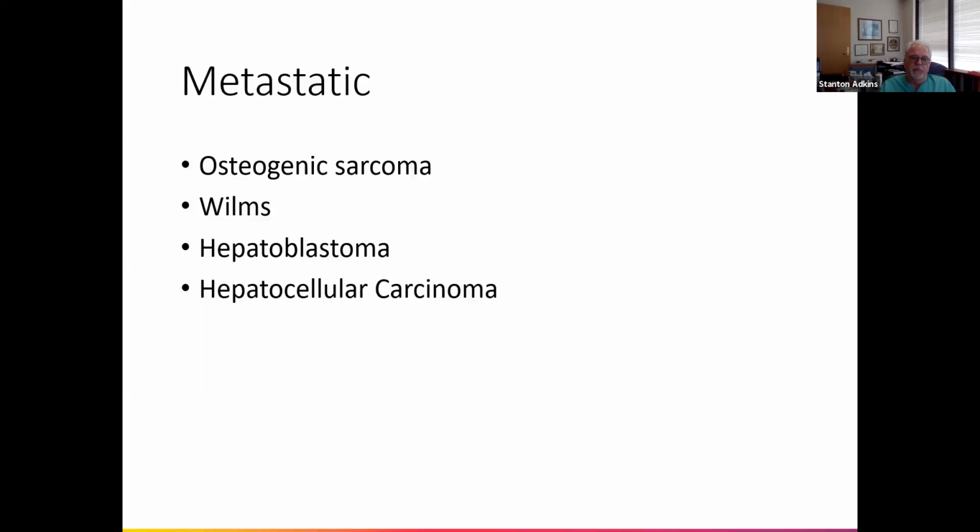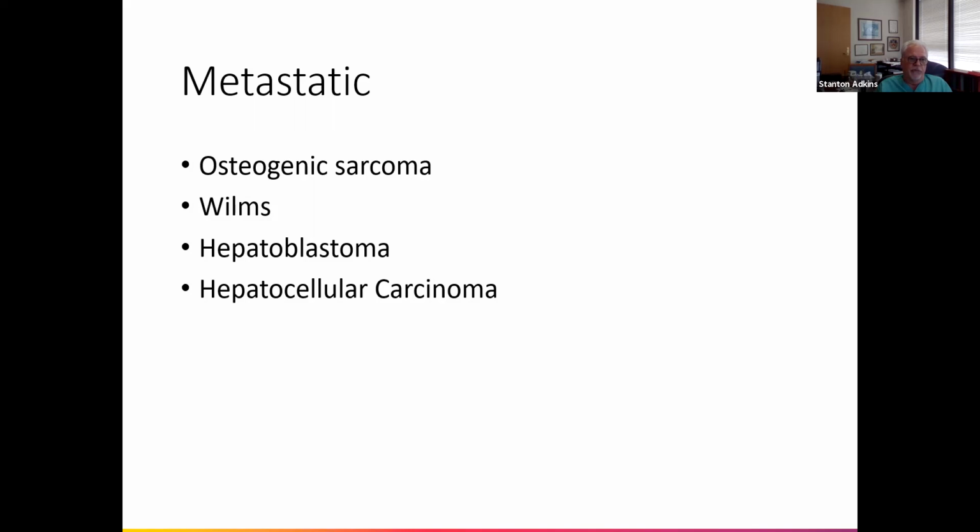If you've got multiple mets in the chest, then you will get lung radiation. There are times when we as surgeons will be asked to do a biopsy because not all lung lesions in Wilms tumor patients are going to be metastases.